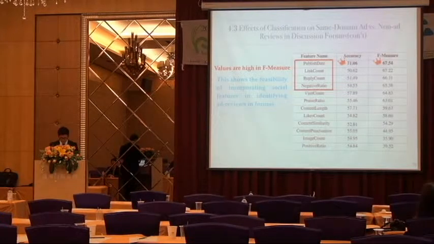As shown in this table, the best accuracy and F measure are obtained by published date. The values of published date, link count, reply count, and negative ratio are high in F measure. This shows the feasibility of incorporating social features and identifying ad reviews in forums.